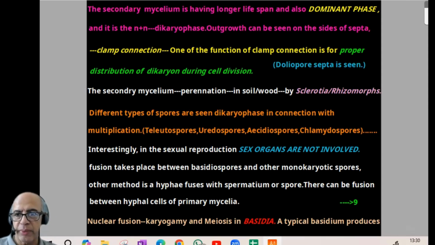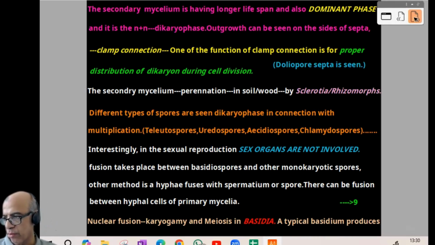The term is sexual reproduction, but sex organs are not involved. Fusion takes place between basidiospores and other monokaryotic spores. That is one method. Another method is the hyphae fusing with the spermatium or spore. And there can even be fusion between hyphal cells of primary mycelia. Nuclear fusion, that is karyogamy, and meiosis occur in the basidia. A typical basidium produces basidiospores. I'll show you the diagram, it will be easy for you.